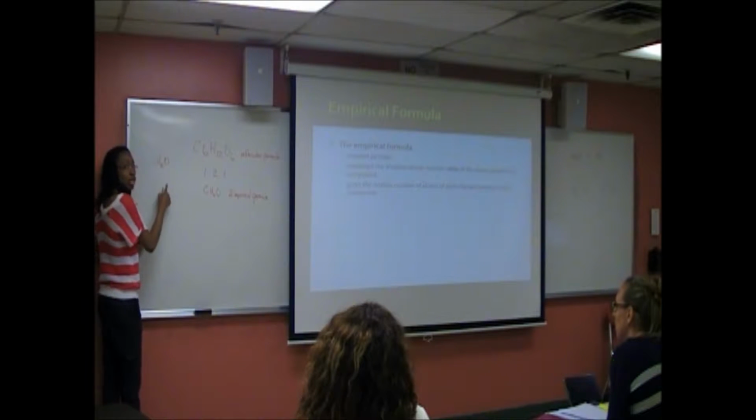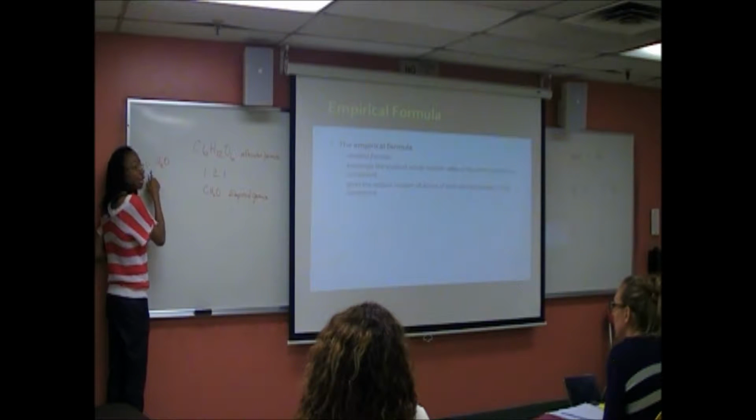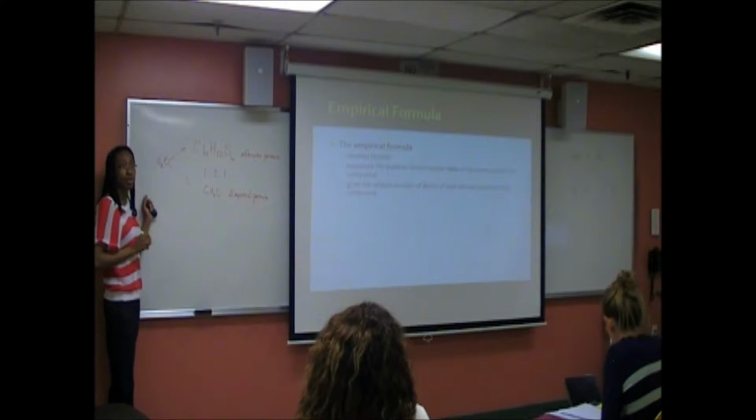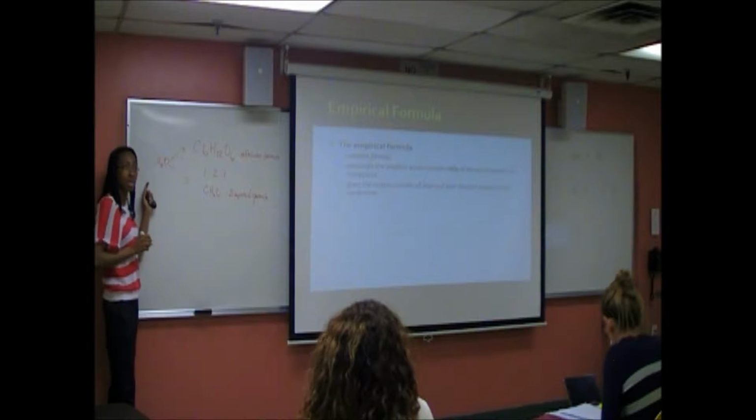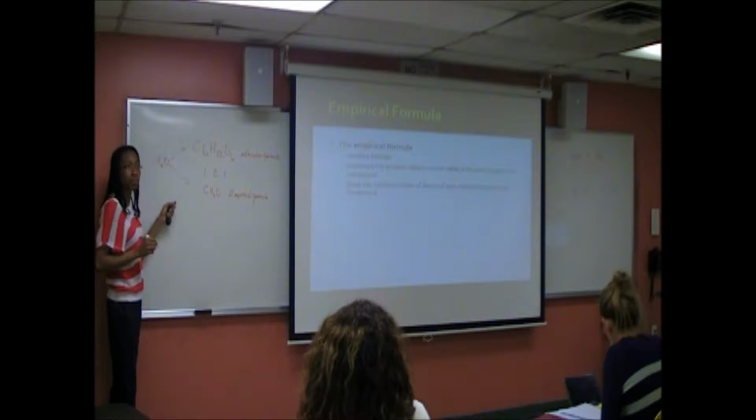The same thing. So this tells you that your formula can be both your molecular and your empirical formula. Some compounds have the same molecular formula as the empirical formula.